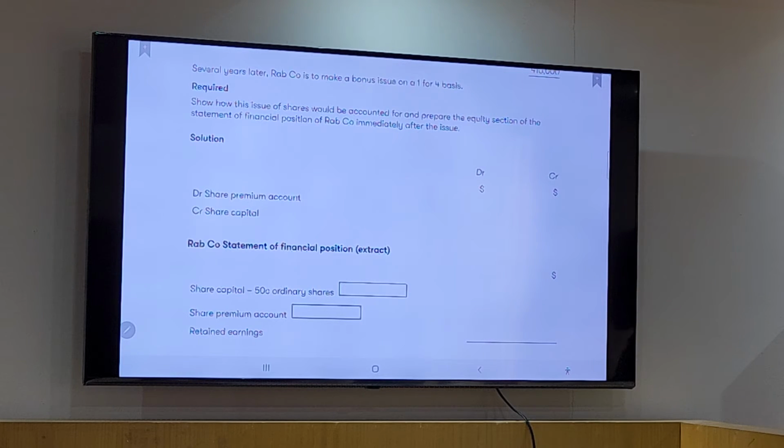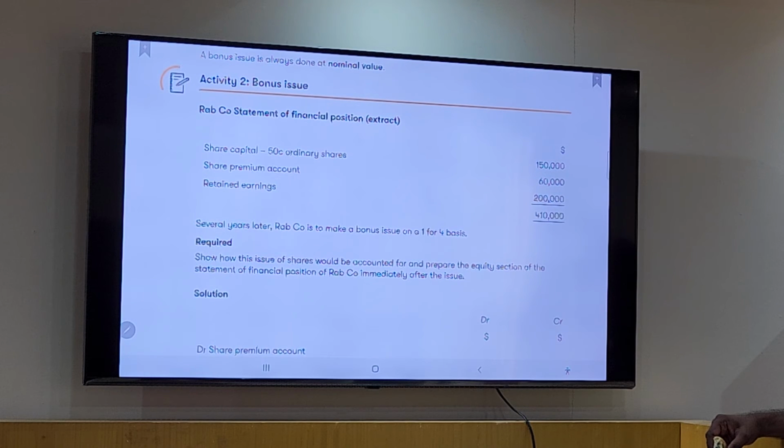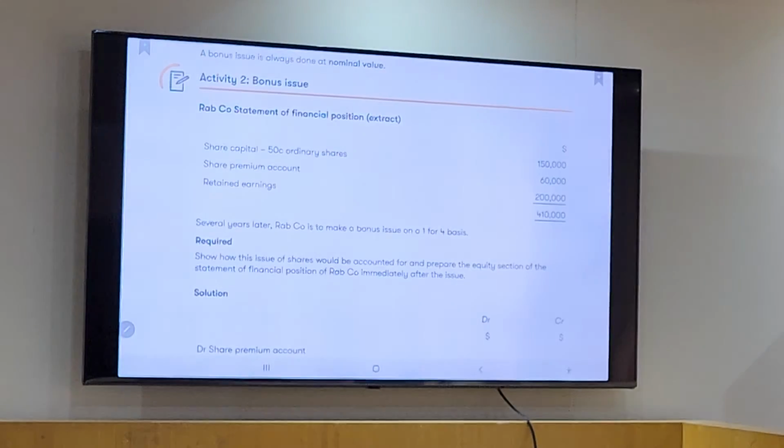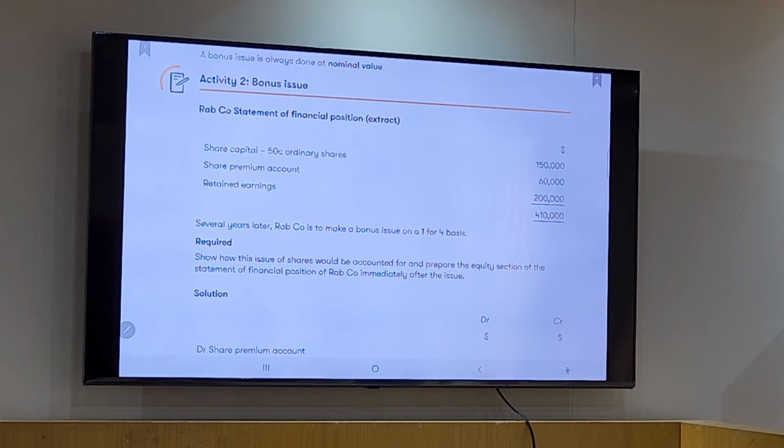So how much share premium balance, opening balance? What do you have? Do you understand?